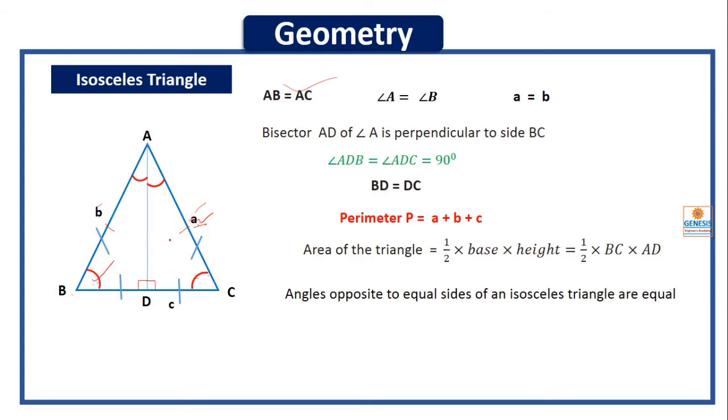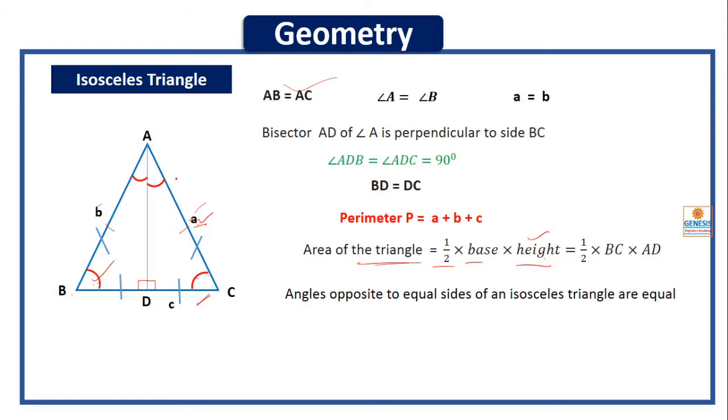Got my point? Next, the perimeter is A plus B plus C, and the area of any triangle is half base into height. The height must be vertical, that is, perpendicular to the base. BC can be called the base, and AD is the vertical distance, which is called the height. Okay, so this is the thing.